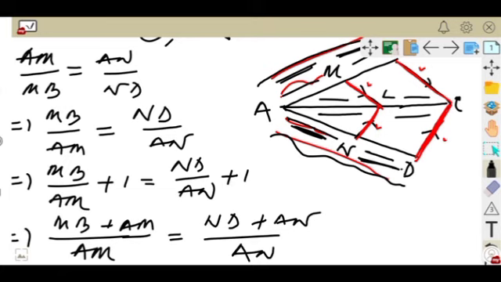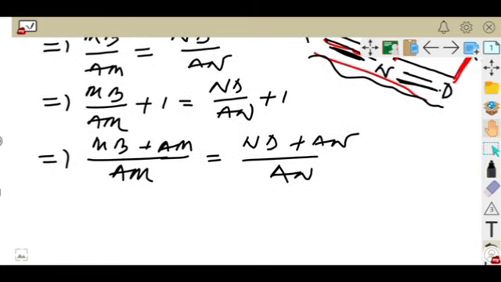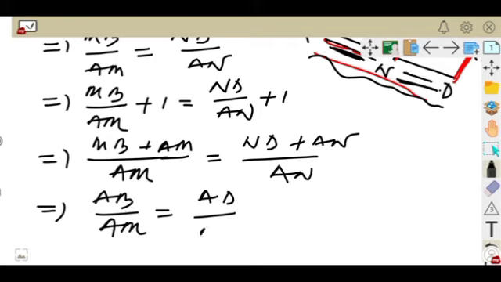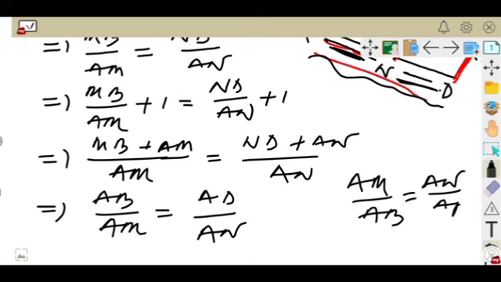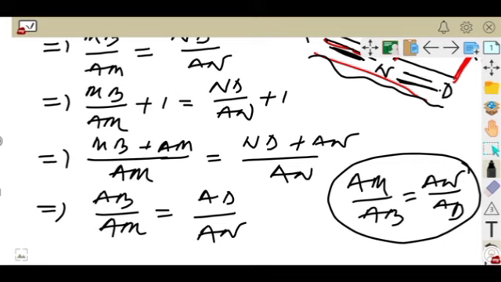So we can write here AB by AM equal to AD by AN. But what we have to prove now? We have to prove that AM by AB equal to AN by AD. This is what we are going to prove.